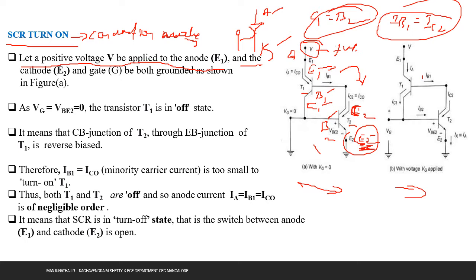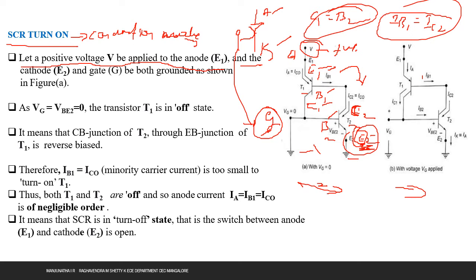And the gate, this is the gate, both are grounded. Two things are grounded, one is the gate and another one is emitter 2. This is grounded and this is also grounded. This is shown in figure A.